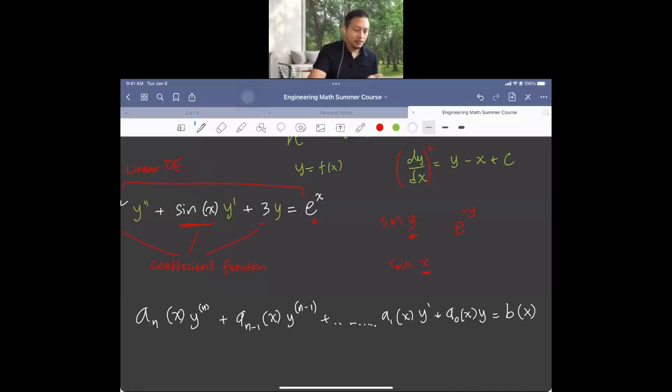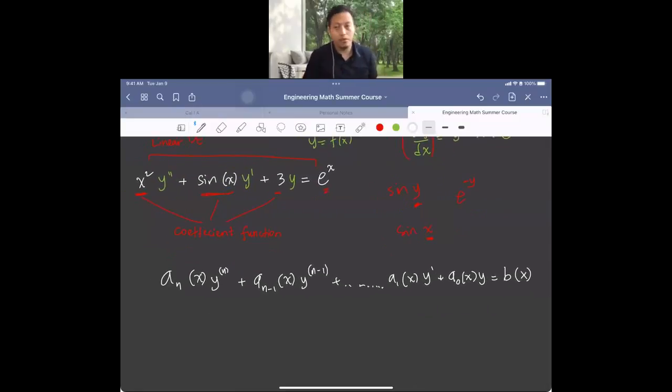This is the general formulation if you want to have all conditions for linear.